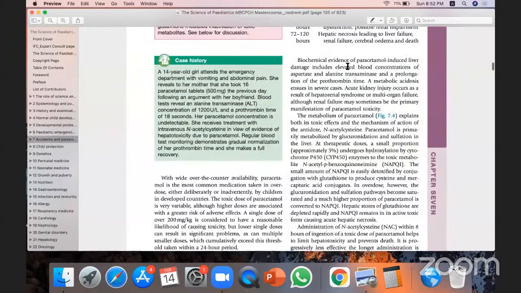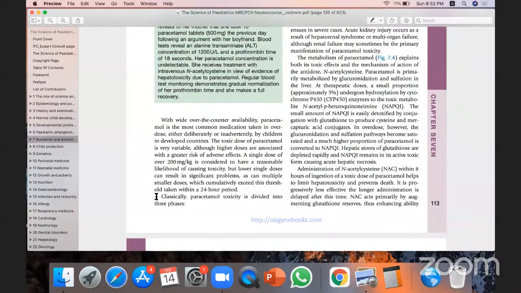Next, this is very important. Classically, paracetamol toxicity is a staggered dose; a single dose over 200 milligram per kg is considered toxic, but lower doses can result in significant problems, such as multiple smaller doses, which is called a cumulative dose.